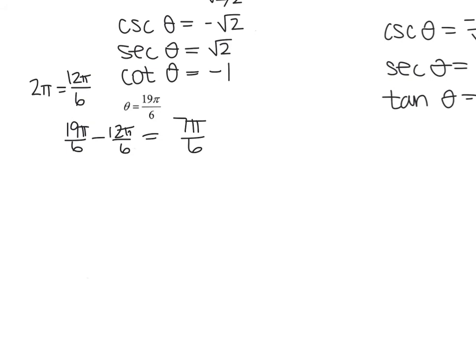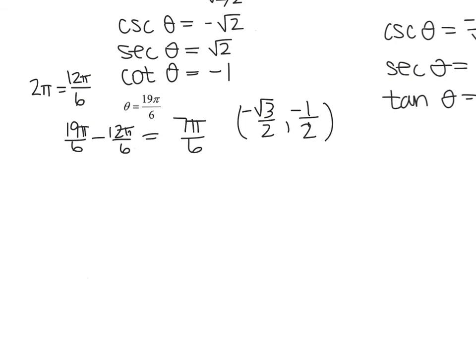So 7 pi over 6 is the equivalent angle to 19 pi over 6 on the unit circle. That's the theta we're going to use to identify our 6 trig ratios. If we find 7 pi over 6 on the unit circle, we get the point negative square root 3 over 2, negative 1/2.